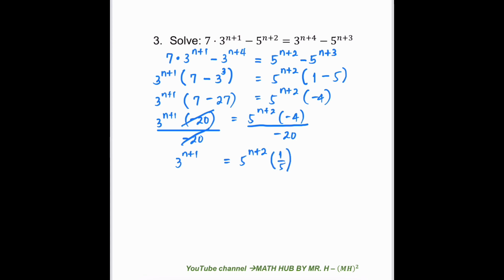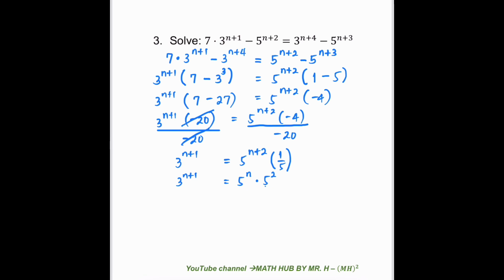All right. So if you take a look at the right hand side of the equation, you can see that something can be done in here. We can rewrite the expression on the right. So we copy the one on the left, and this 5 to the power of n plus 2 can be rewritten as 5 to the power of n times 5 to the power of 2 based on the product rule.